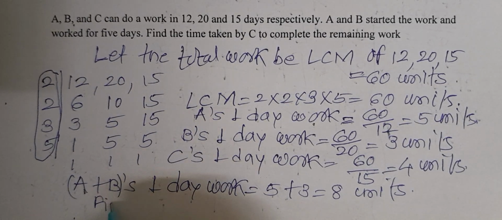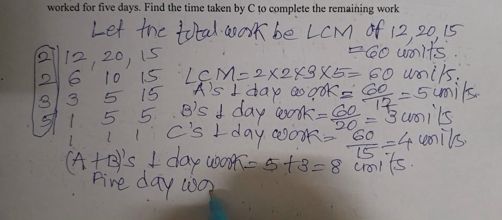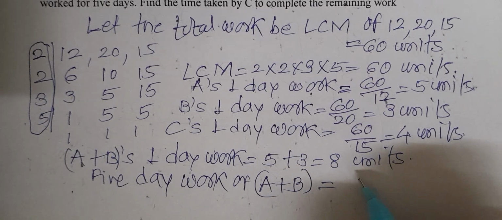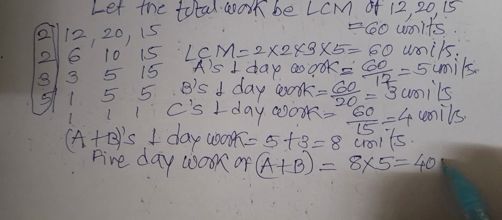So the 5-day work of A plus B is equal to 8 into 5, therefore 40 units.